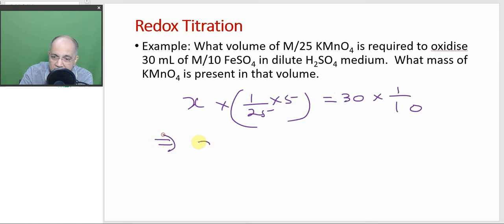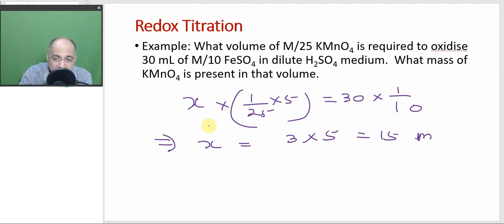So here X will be 3 into 5, that is 15 milliliters. I'm so sorry, 15 milliliters.